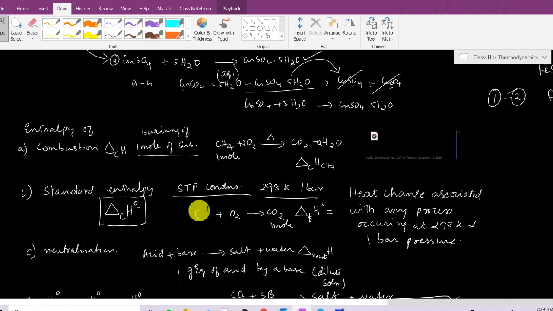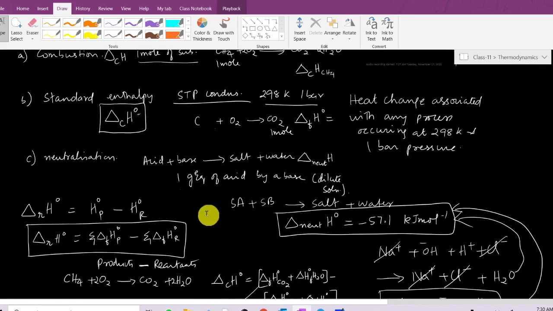That is another definition you may get as a question in your school test: define standard enthalpy. So this is what you have to write. Then we have a lot of enthalpy changes associated. We have enthalpy of neutralization.